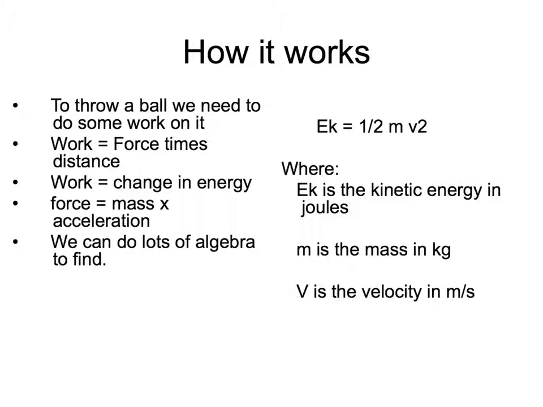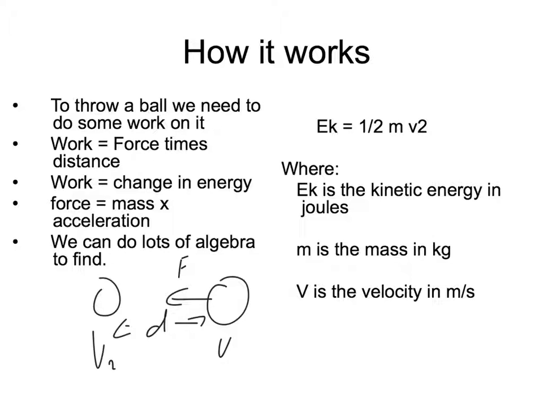So if force is mass times acceleration, basically you've got a ball, you're applying a force, it's starting at a V1 of 0, it's ending at a V2 because you've done some force through some distance, which, when you're throwing a ball, is called your wind-up.